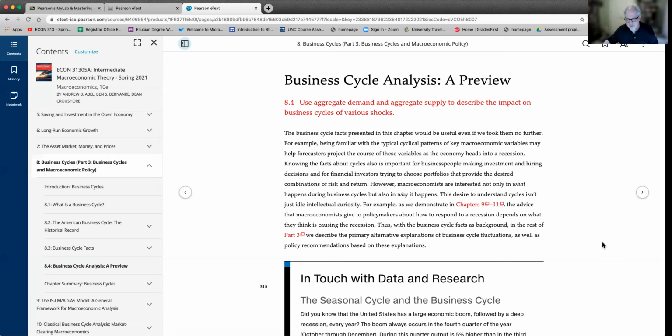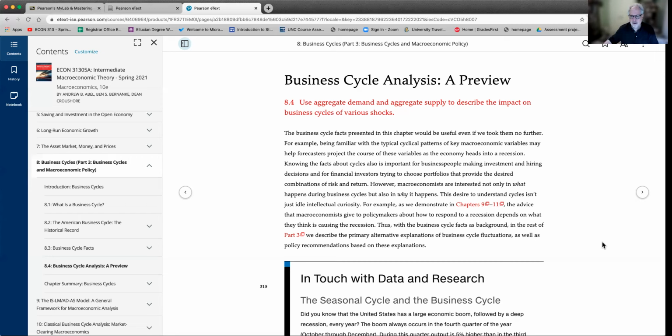The last section of chapter 8 is an introduction to that model, the aggregate demand, aggregate supply model. We're going to develop something called the ISLM-FE. IS, investment and saving, that's the goods market. LM is liquidity in the money market. And FE has to do with full employment, the labor market, and the production function. We're going to put all those in one graph, right?